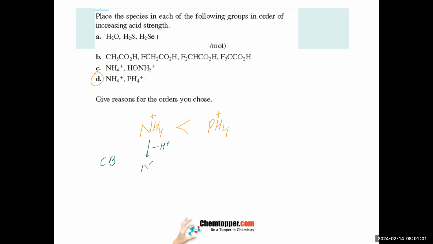So what is it? NH3. Phosphonium, remove H plus. What is it? PH3, right? Okay, now tell me which one is the stronger base. Which one is the stronger base? Yes, this is the strong acid. A strong acid will give you a weak conjugate base, right? And weak acids will give you strong conjugate bases. Are we clear about it?